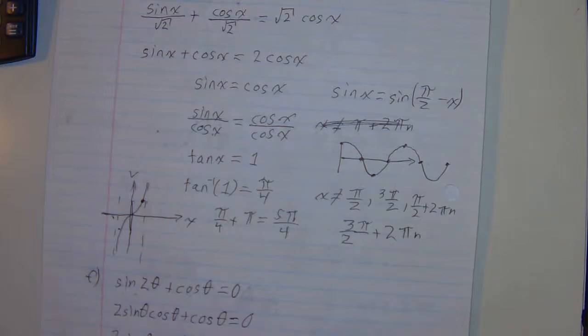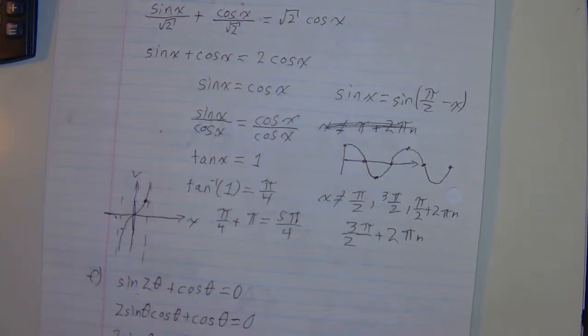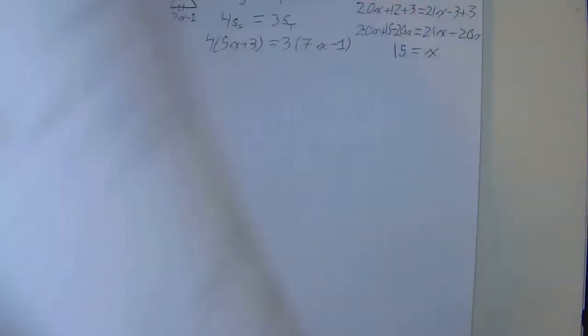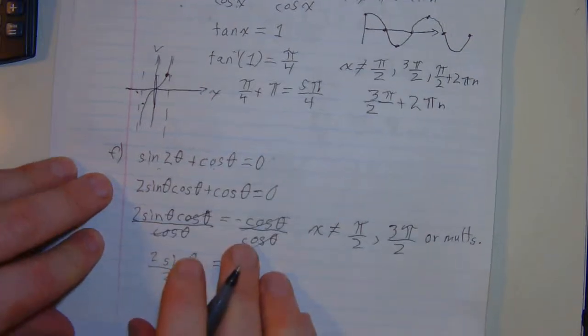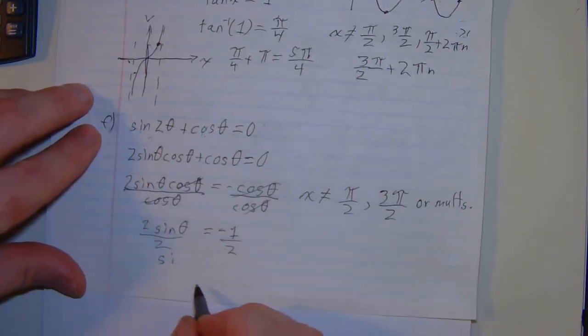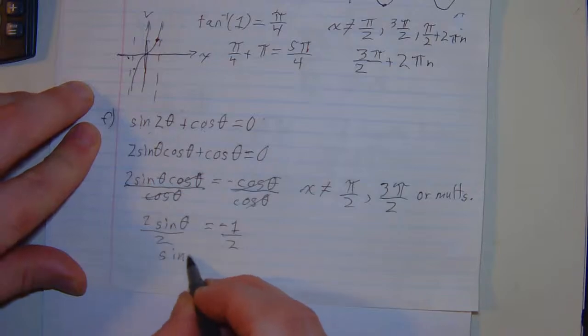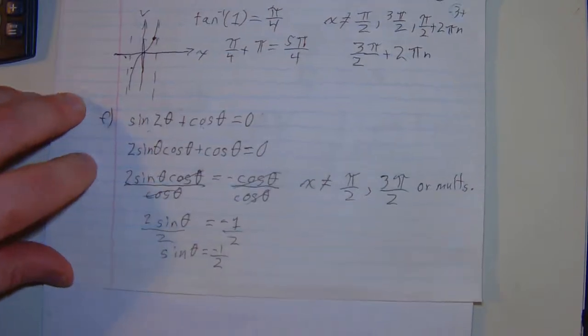And then we will end up with -1 over here, 2 sine theta over here, divide by 2, and we get sine theta equals -1 over 2.